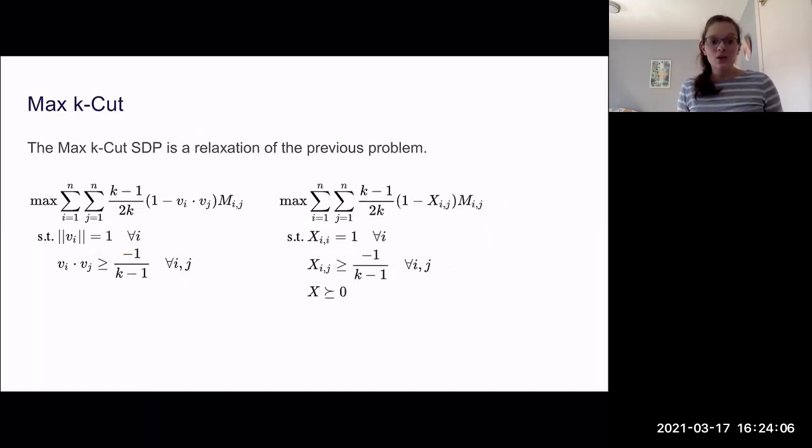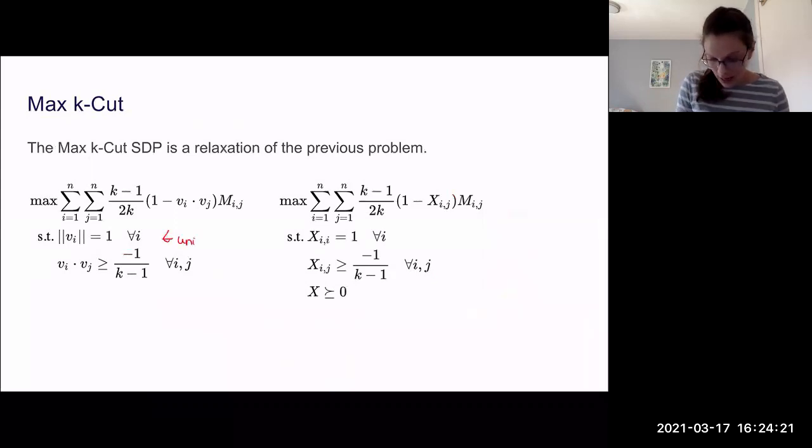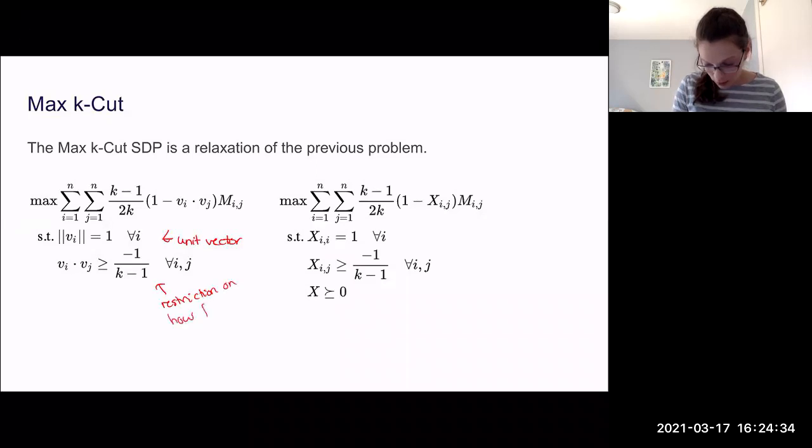And to do that, we allow those vectors, the v_i's, to not only take on one of those a_i representations, but now they're actually allowed to be unit vectors. So here, my v_i is now allowed to be a unit vector, but I put some restriction on how far apart they can be, to try to represent that simplex representation, but in a way that I'll actually be able to solve.